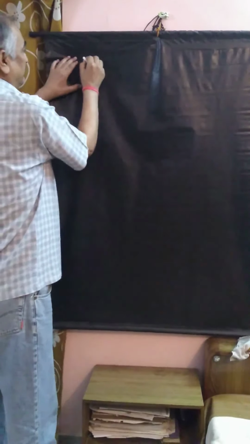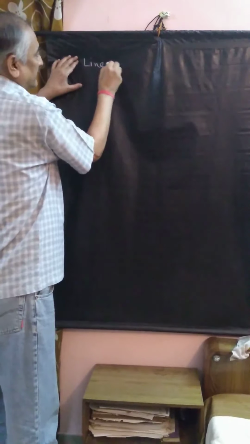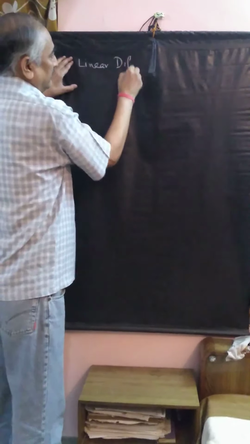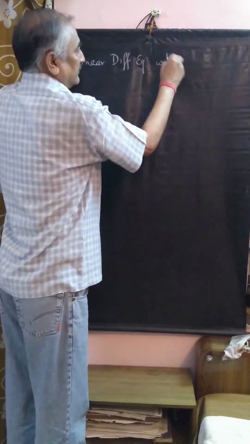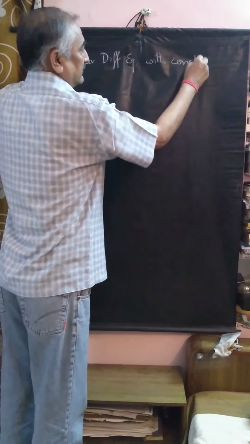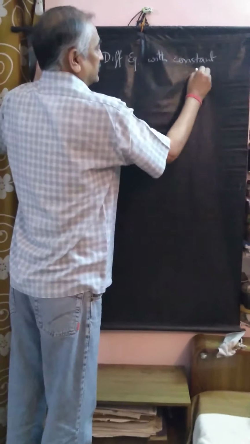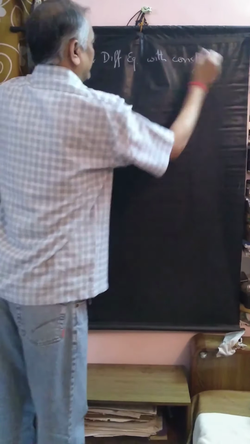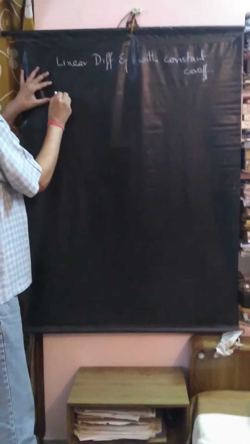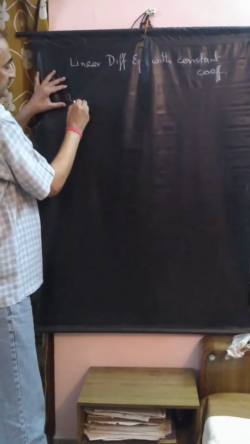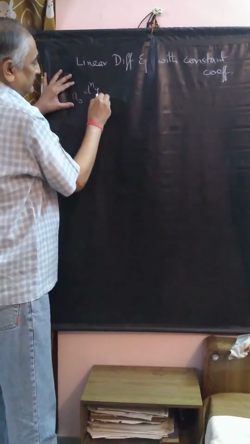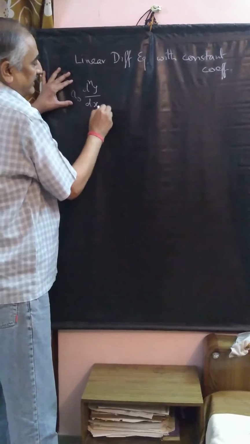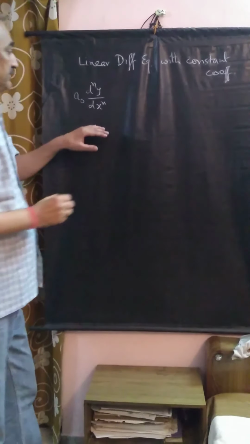So you have a linear differential equation with constant coefficients. So you have a naught, it's a constant, and then the nth derivative of y with respect to x.